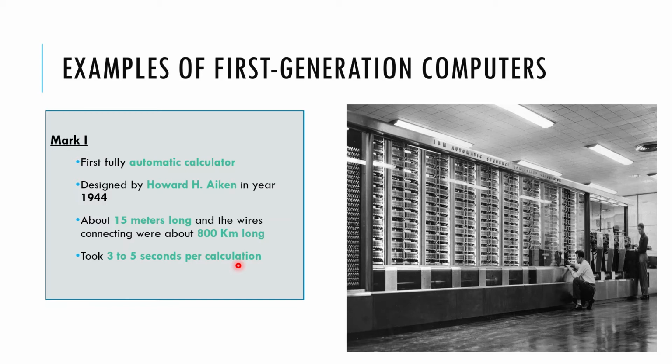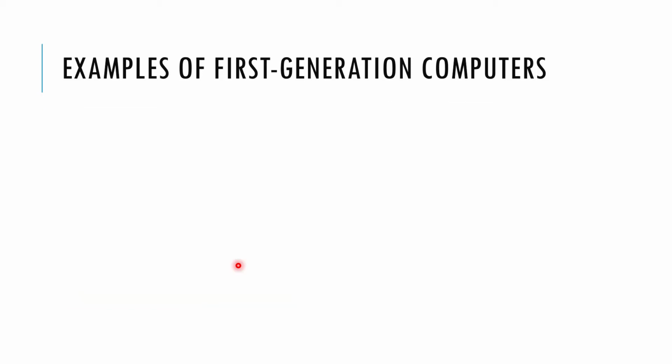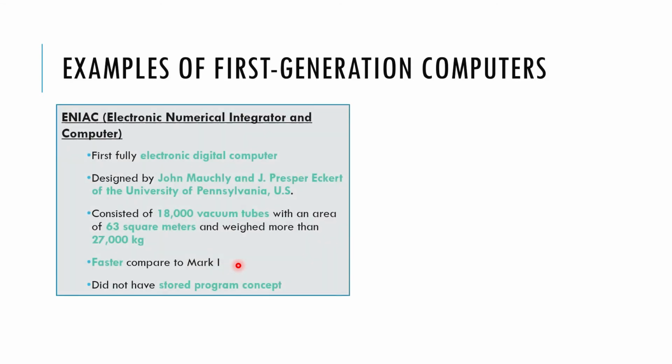Let us take a look at some more examples of first generation computers. And we have the next one as ENIAC. The full form is Electronic Numerical Integrator and Computer.